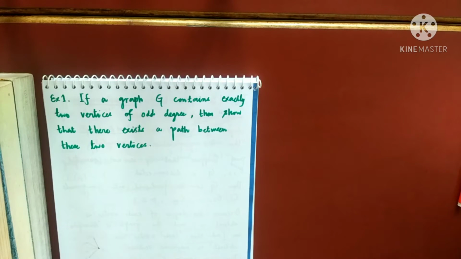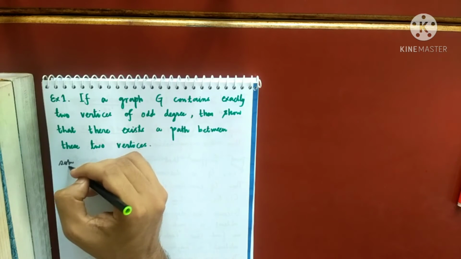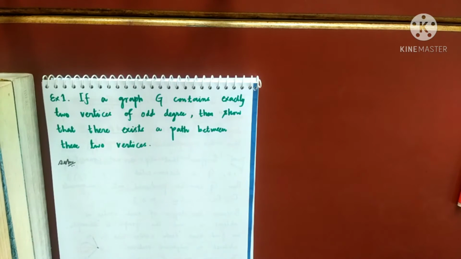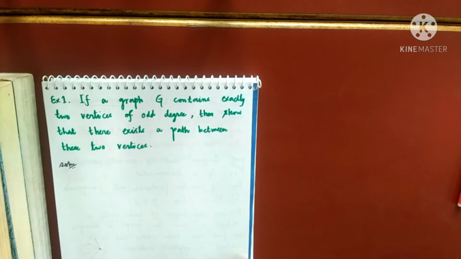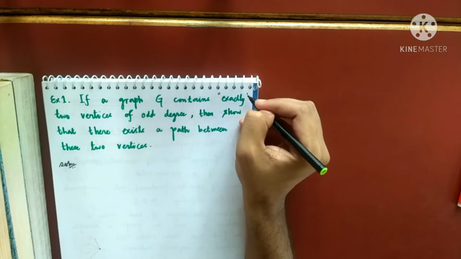So let me explain the question first, and then we will do the solution. The question says that suppose I have a graph G. So my graph G has exactly two vertices of odd degree. Keep that in mind.